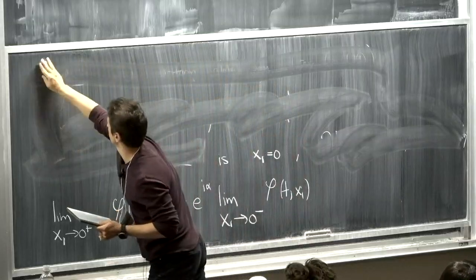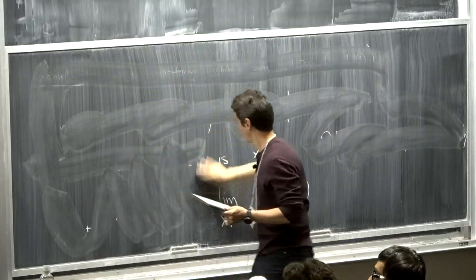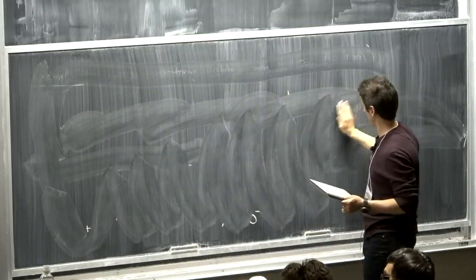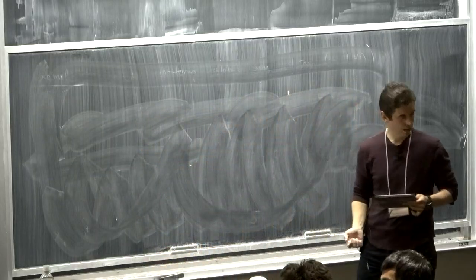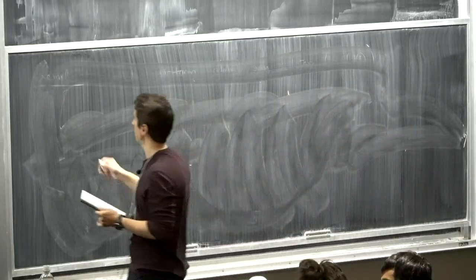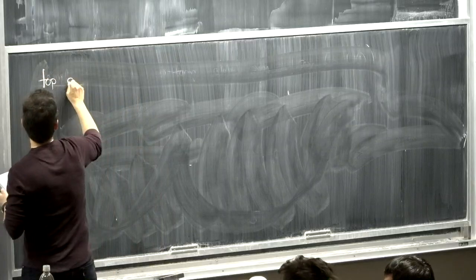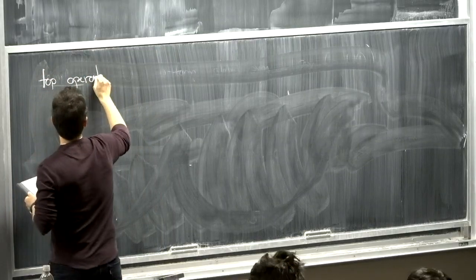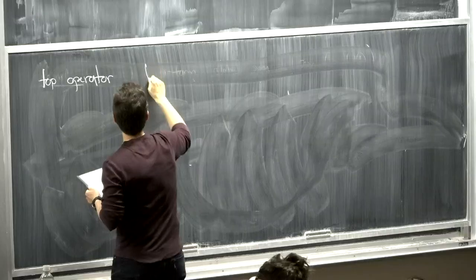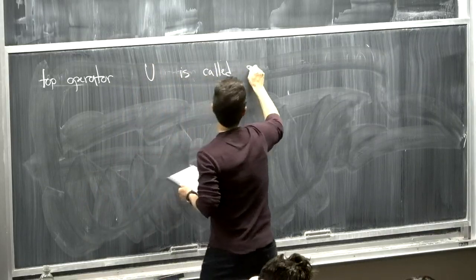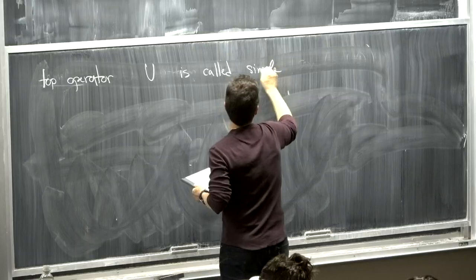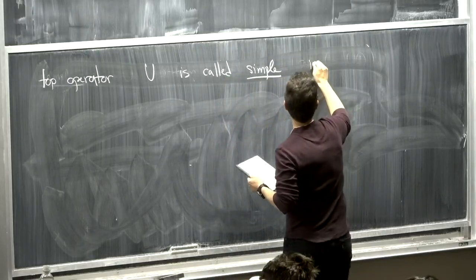And I'd like to get out of the realm of abstract things as soon as possible. So let me do one more abstract thing. So a topological operator, U, is called simple if it is not a sum.